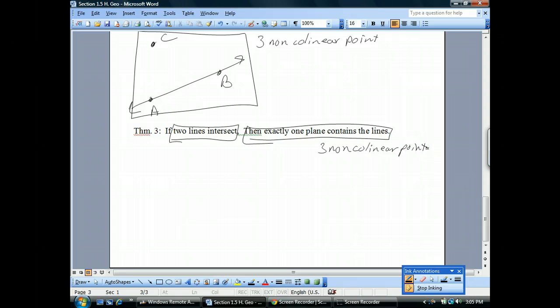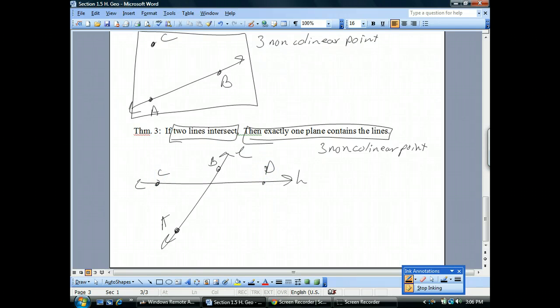So if two lines intersect, do I have three non-collinear points? Here's line L, but we know from the previous postulate that line L has to have 2 points. And here's line H, and we know from that previous postulate that line H also has to have at least 2 points.